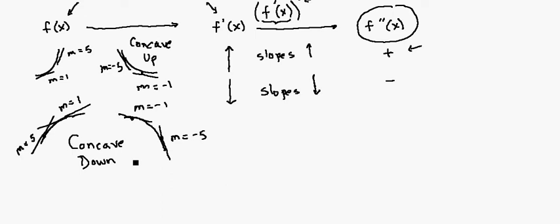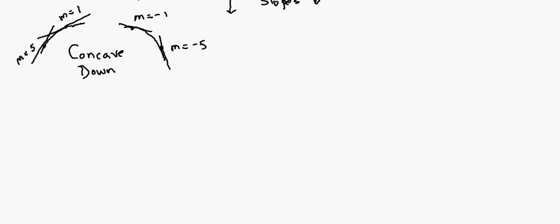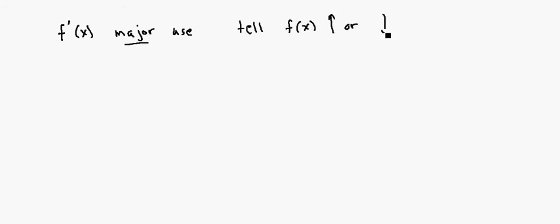Putting all of this information together, we get all sorts of different things. We have our ability to find inflection points, turning points, and justify whether a turning point is an inflection point or not. Just think about the major use of f prime of x: it is to tell whether f of x is increasing or decreasing.